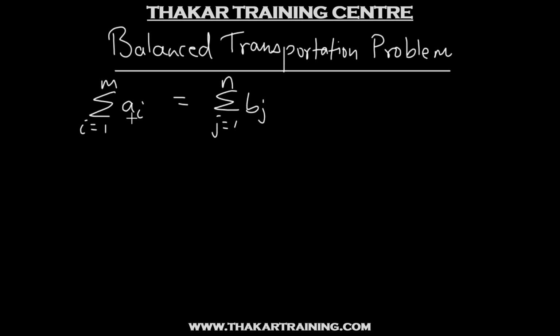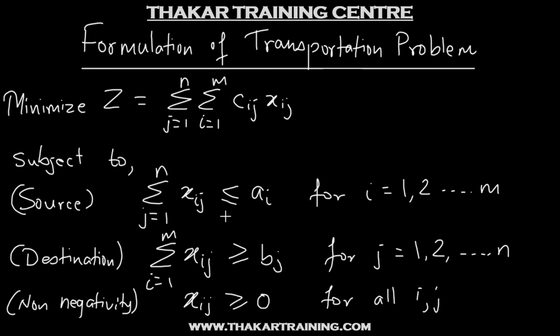If this condition is satisfied, then it is a balanced transportation problem. In a balanced transportation problem, every source will supply exactly what is available with it, and every destination will get exactly what its requirement is. So these inequalities get converted to equations.